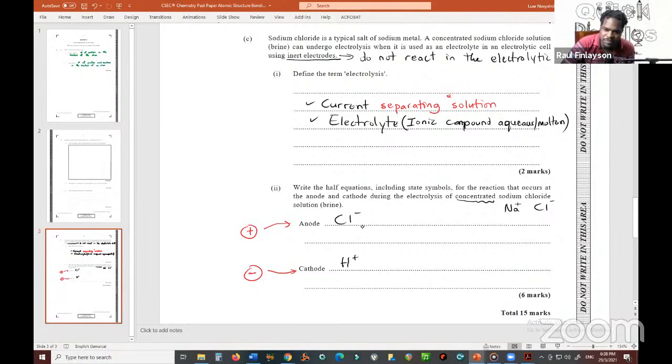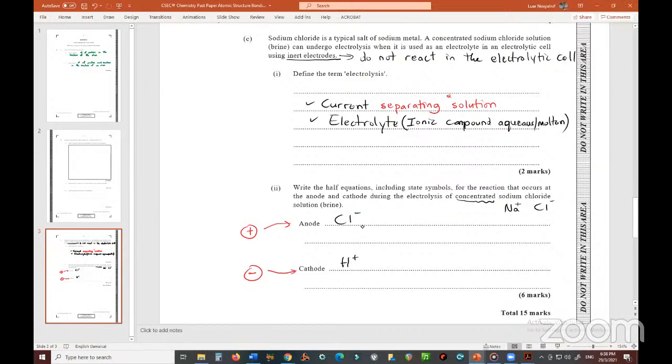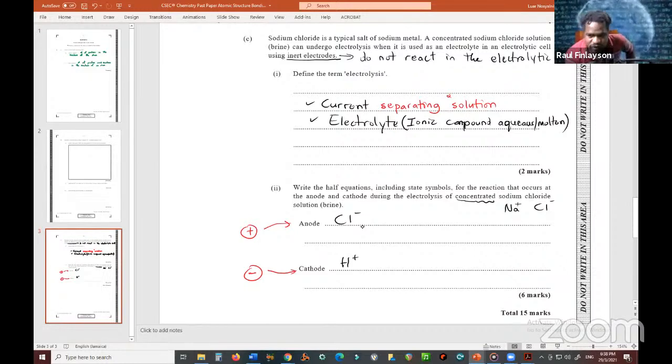So if the cathode is negative, then cations are going to go there. They name the electrodes based on what is going there. So if they ask for the equation of the anode, just tell yourself anions are going there. Is that clear, everybody? Yes, sir. Then say anode. If they ask the anode, you think about anions.